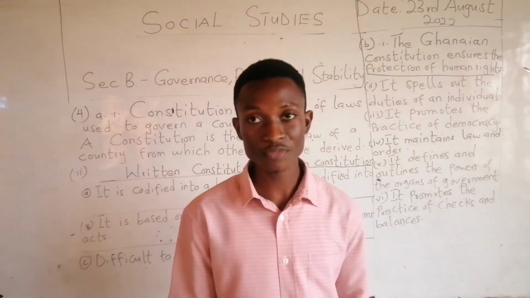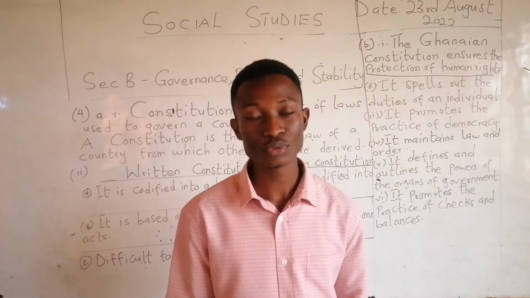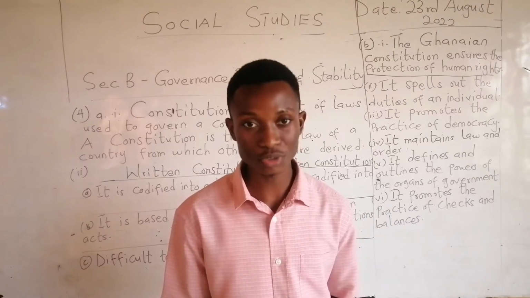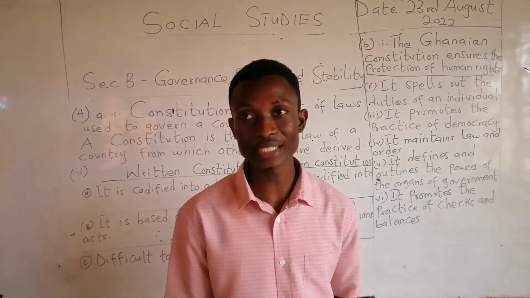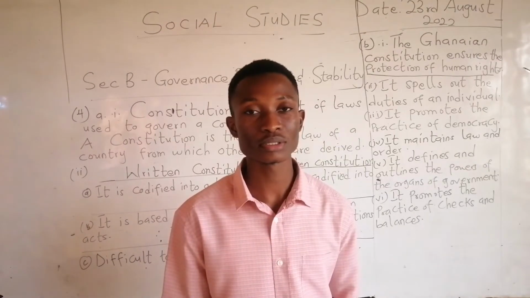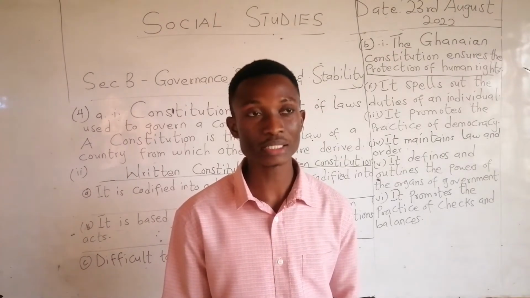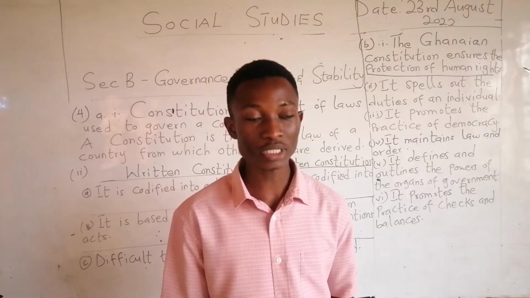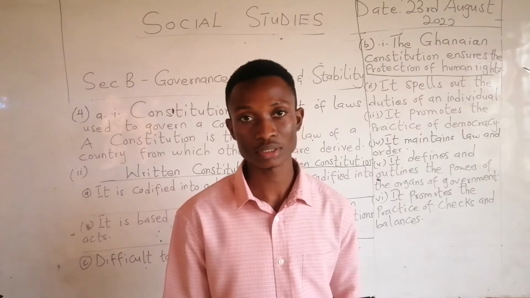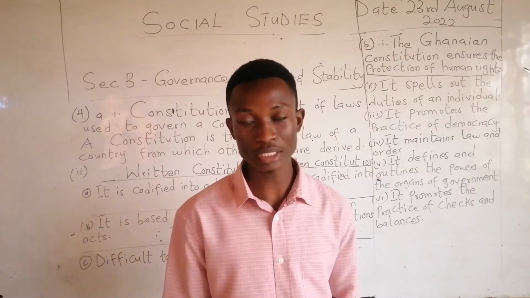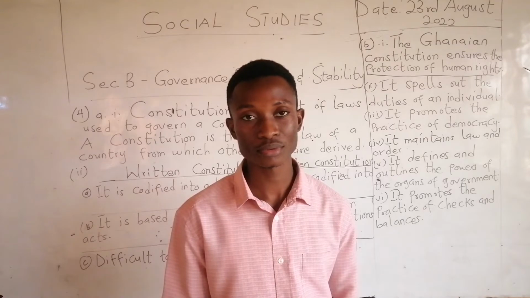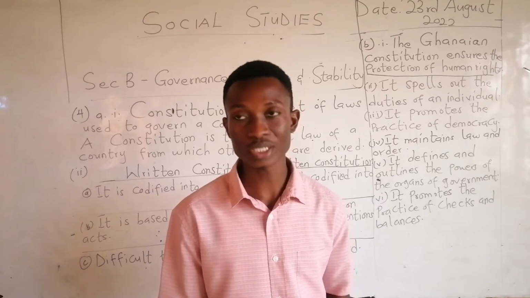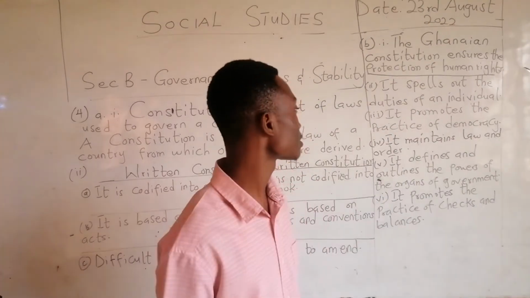The power vested in the people to be able to elect leaders of their country is enshrined in the Constitution. The Constitution ensures that the right way of choosing leaders is used, and the power vested in the people is also taken into consideration when selecting leaders.